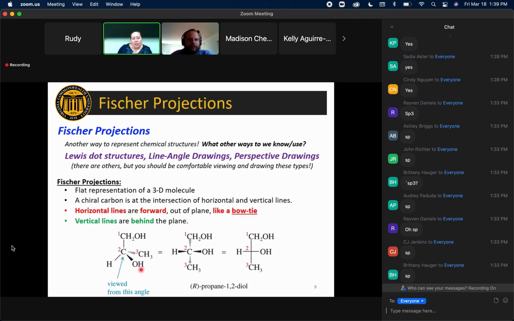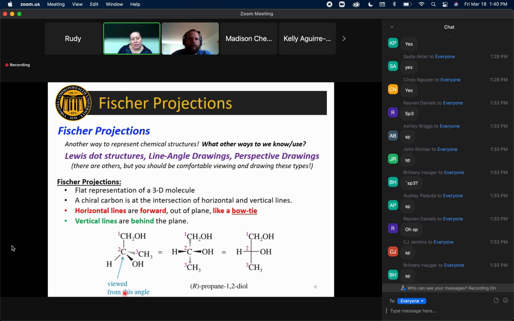We're used to looking at these in a way where two bonds are in the plane, one bond is a wedge coming towards you, and the other bond is a dash going away from you. But you can also view it from an angle, so that two bonds are coming towards you in a horizontal way. That would put two bonds going behind you in a vertical way.